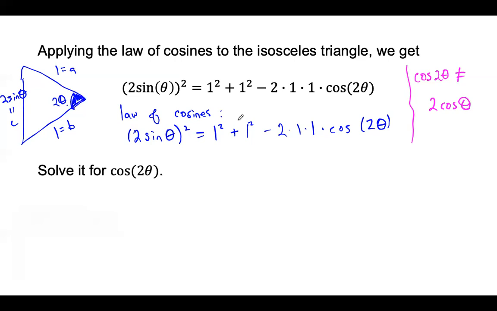Well, we can square and simplify and do what we normally do in math. So 2 squared is 4 sine theta squared, we can write it this way, sine squared theta. 1 squared plus 1 squared, that's 2, minus, again, 2 cos 2 theta.